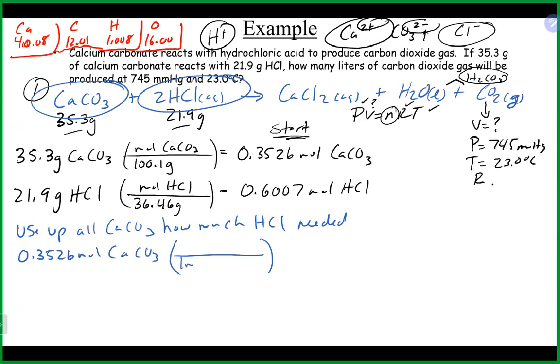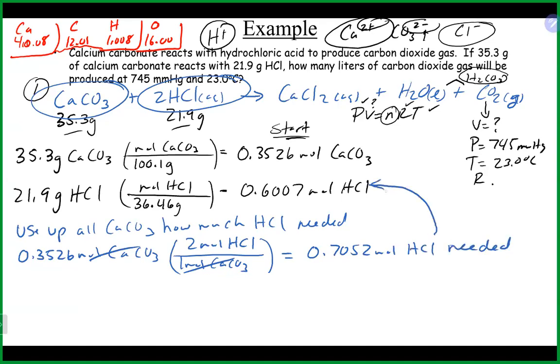For every 1 mole of calcium carbonate, I need 2 moles of HCl. The moles will cancel. That's going to get me 0.3526 times 2, which means I need 0.7052 moles of HCl.